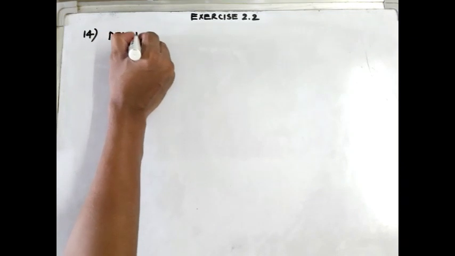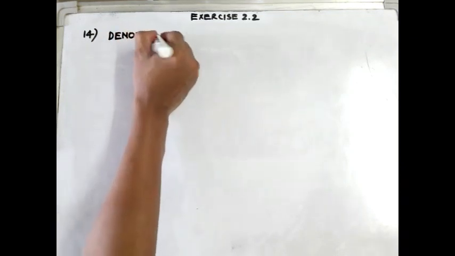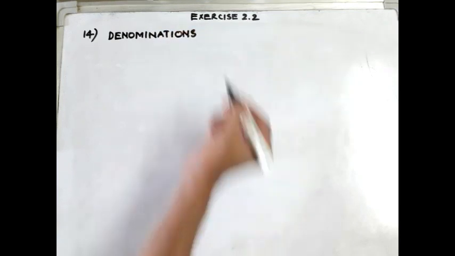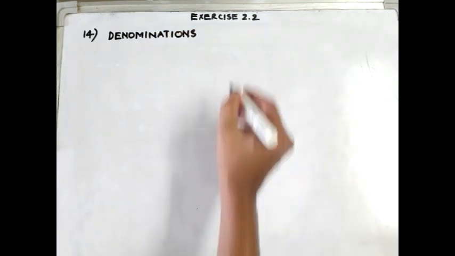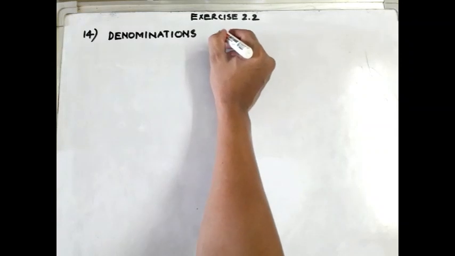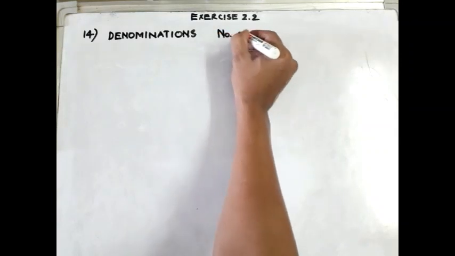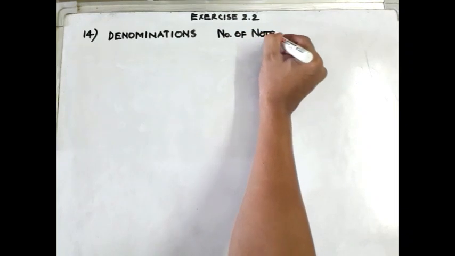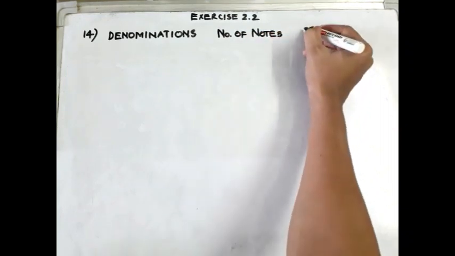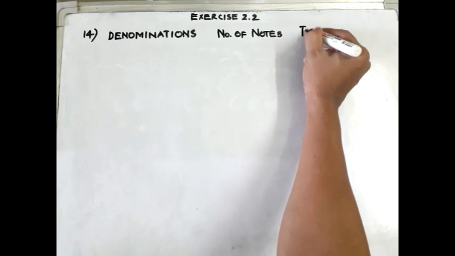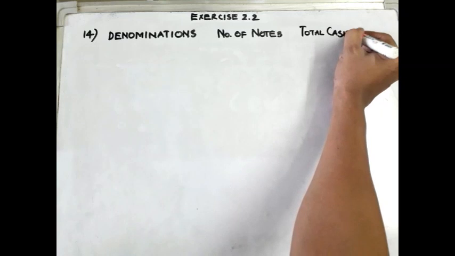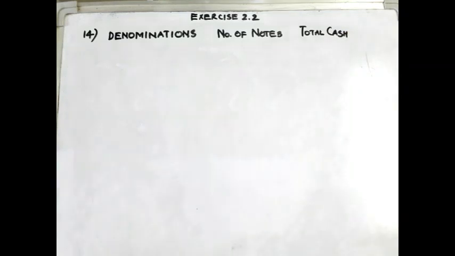Okay, so denominations, and the next term is number of notes, and lastly total amount or total cash.